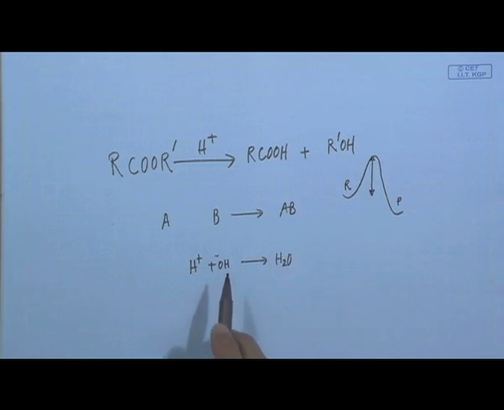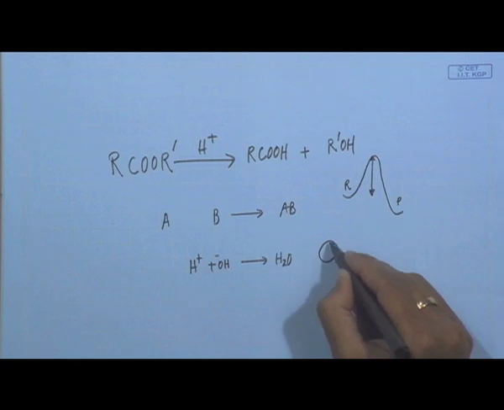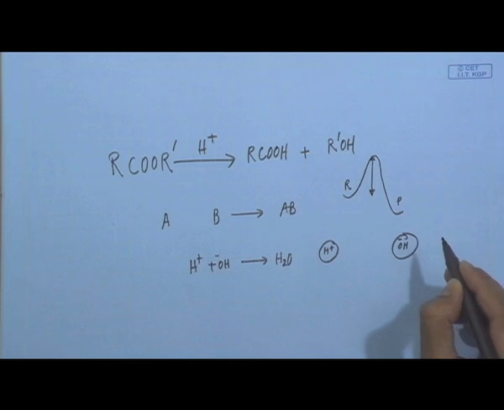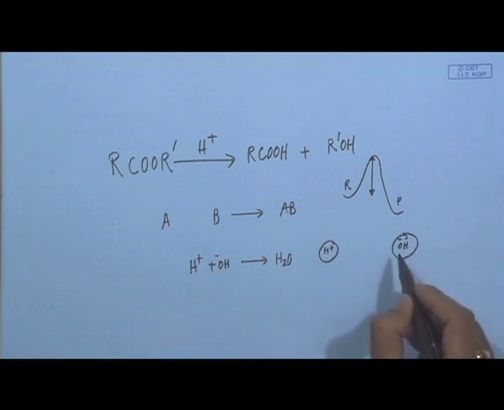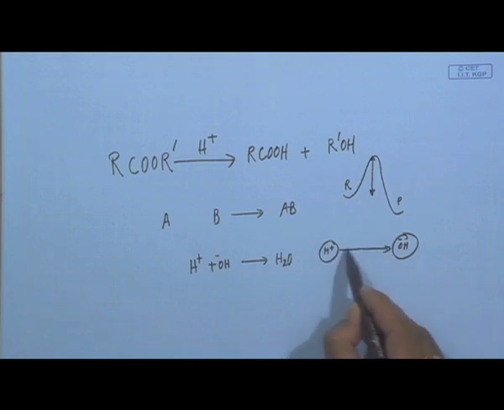Diffusion limited means it is of the order of nanoseconds, 10 to the power -9 or -10 seconds. Its rate is very high, 10 to the power 9, 10 to the power 10 or 10 to the power 11 per second. If it is a truly diffusion controlled reaction, suppose you have one H plus over here and one OH minus over here, and you mix them together, but there is a physical separation, they are at some distance.